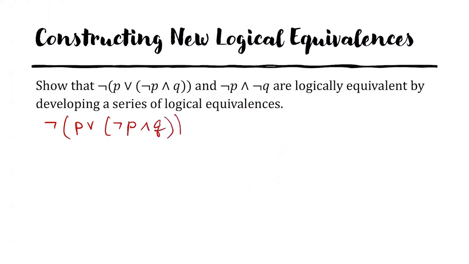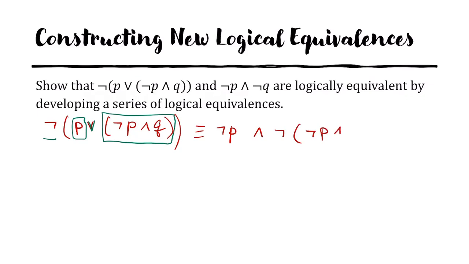I want to show this is congruent to not P and not Q. So here we're trying to negate P or another proposition, so we will apply De Morgan's law again. We'll negate the P, then flip the sign, and then negate the other part: not P or not P and Q.